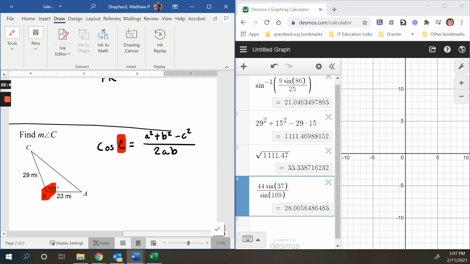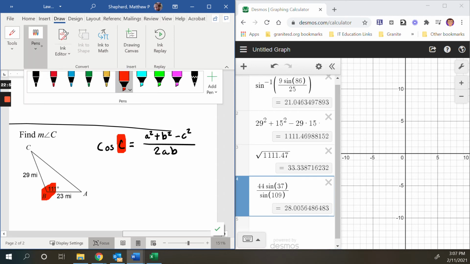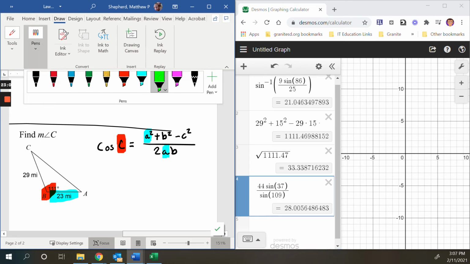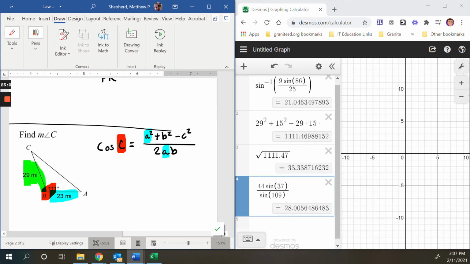All right, and then A and B must be the sides that make it up.